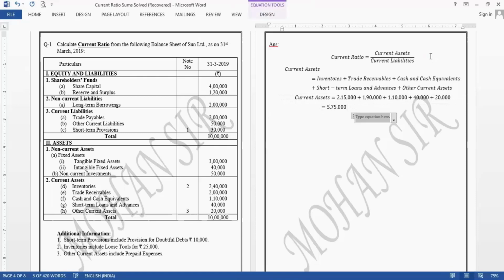After calculating the value of current assets, now let us calculate current liabilities. Current liabilities include trade payables plus other current liabilities plus short-term provisions.